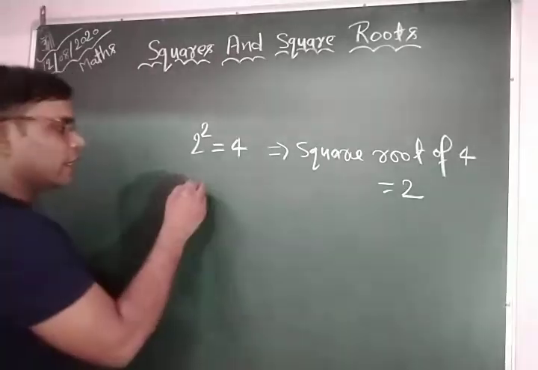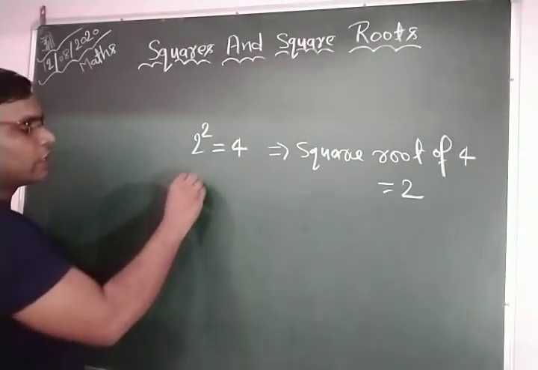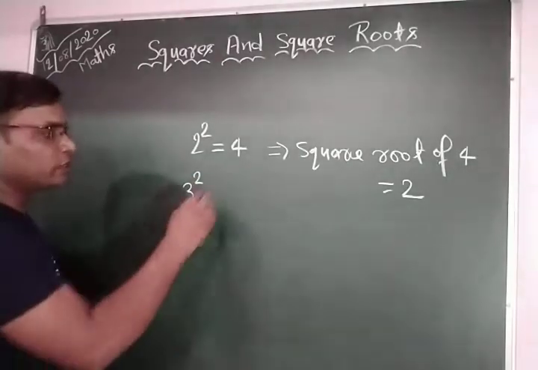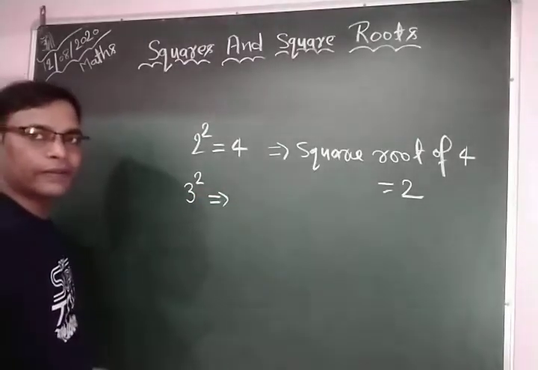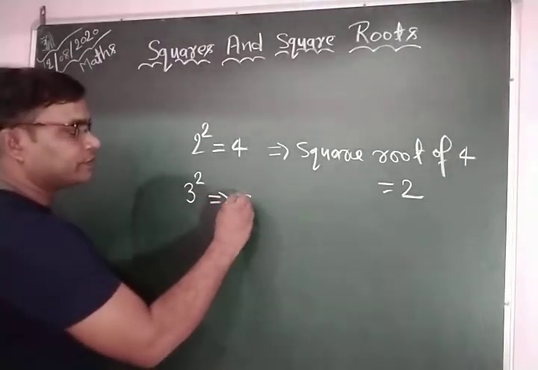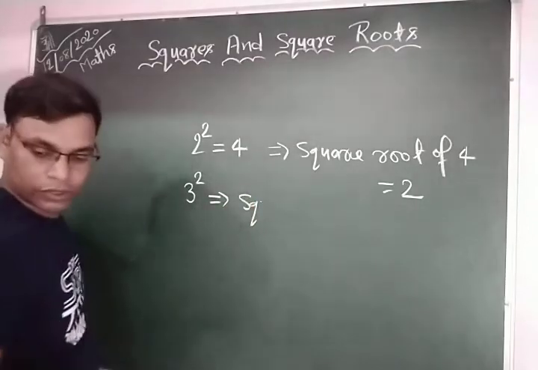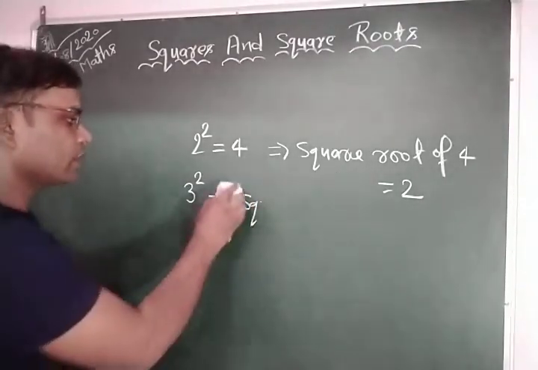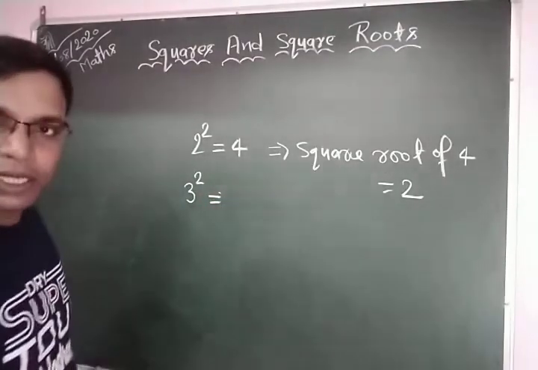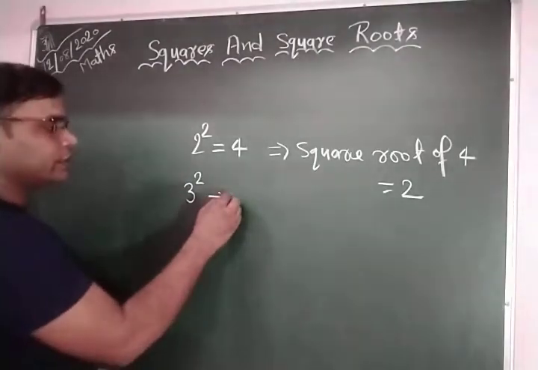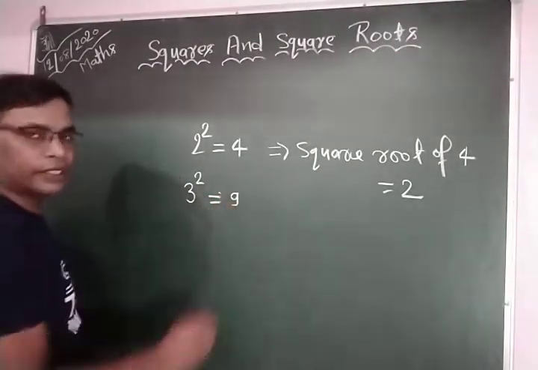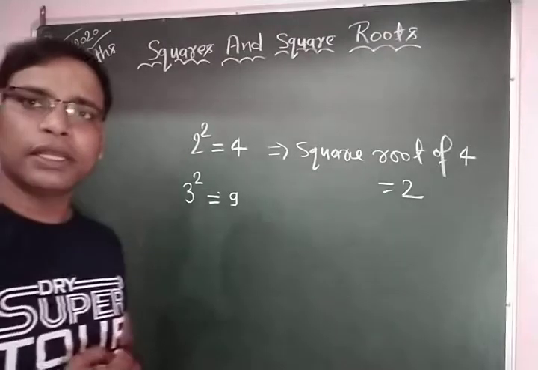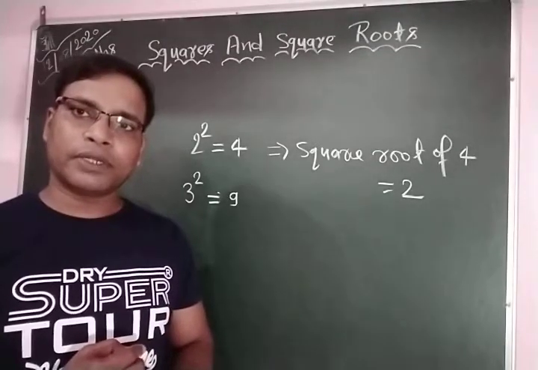Okay, and the square of 3 is equal to 9. You know the square is the product of a number by itself.